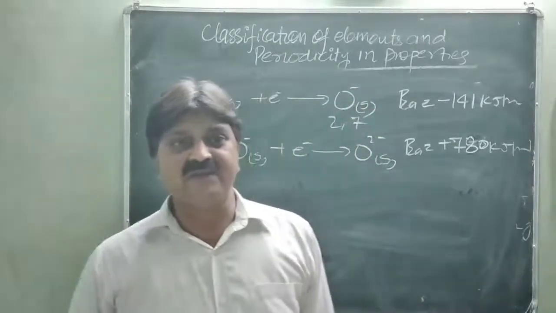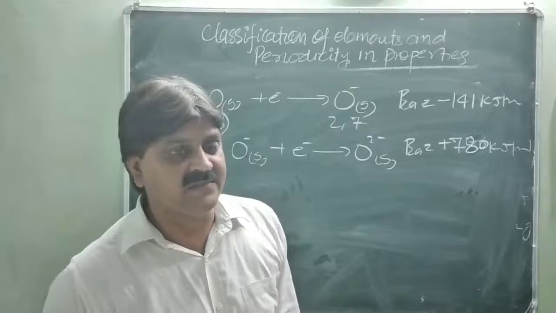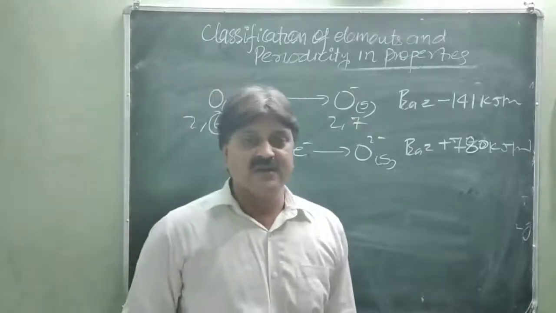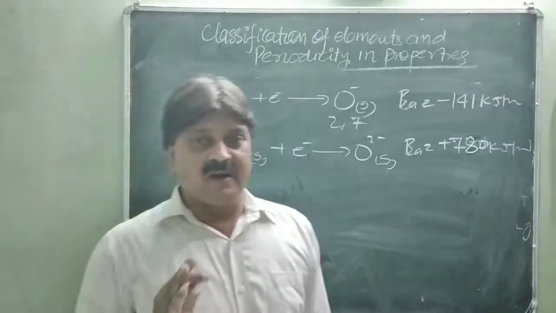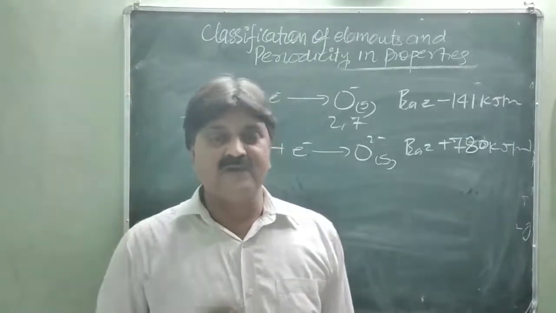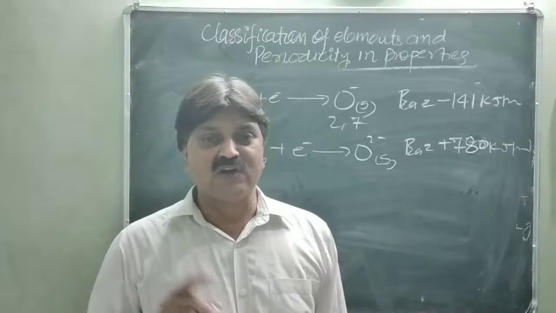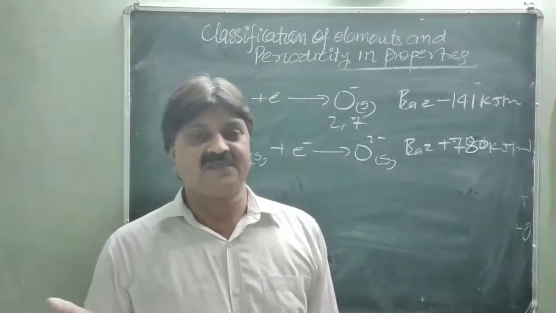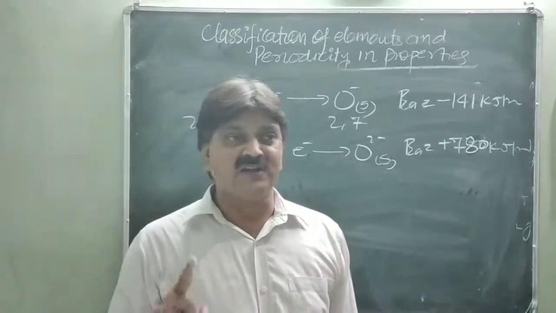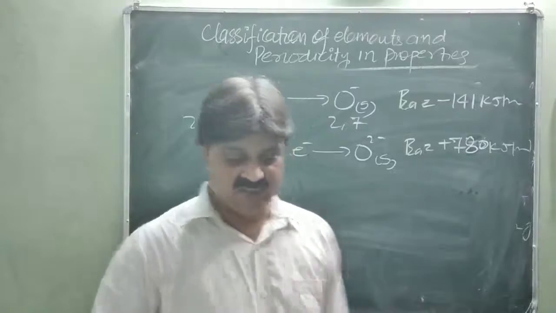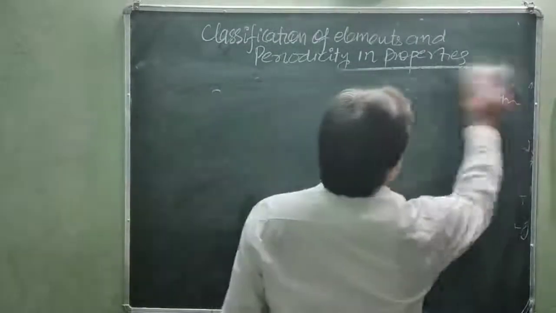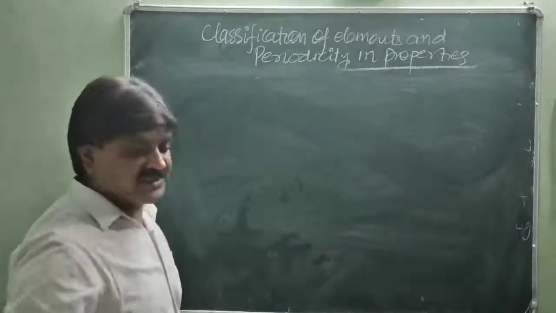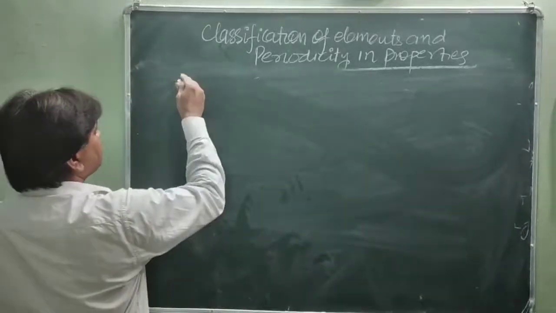And the variations of electron gain enthalpy in the group and the period. Going left to right across the period, the electron gain enthalpy increases. As the size decreases, electron gain enthalpy increases. These are the variations in electron gain enthalpy.